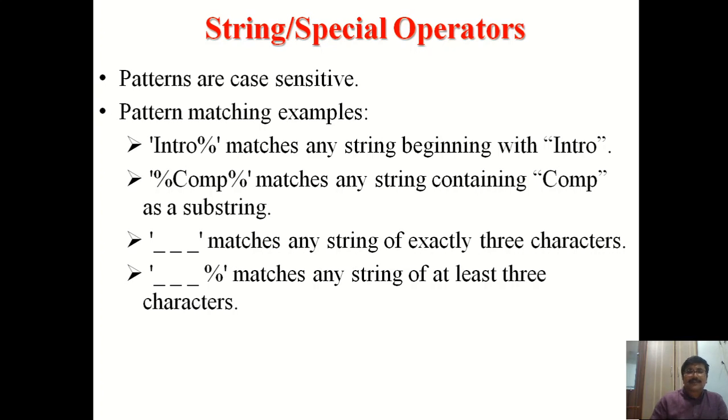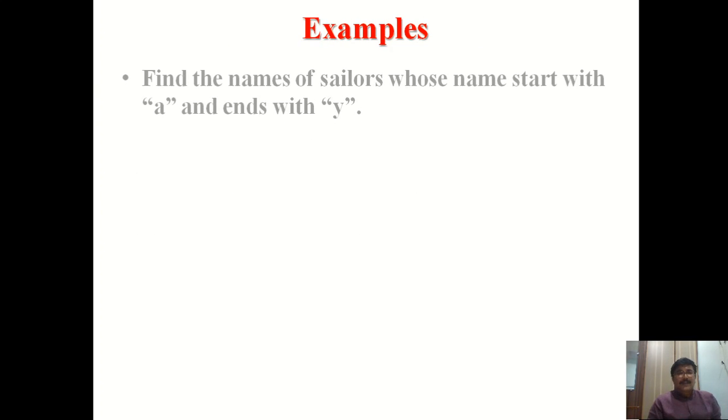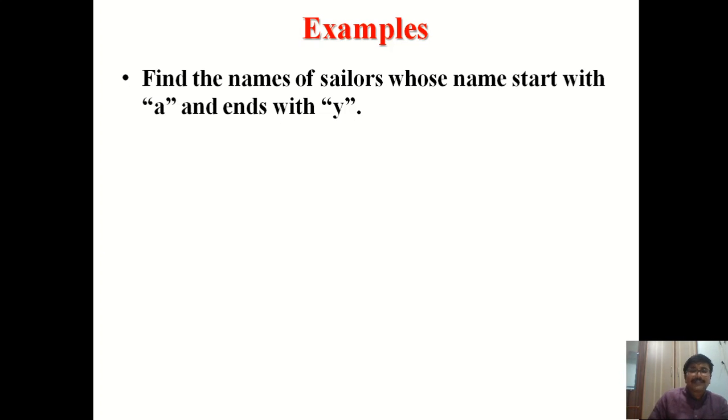So let us see an example, where you can easily identify this. Find the names of Sailors whose name starts with A and ends with Y. The requirement is that the name starts with A and ends with Y. In between there may or may not be characters, so that's why 'A%Y'.